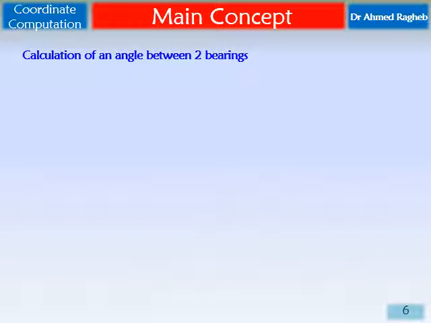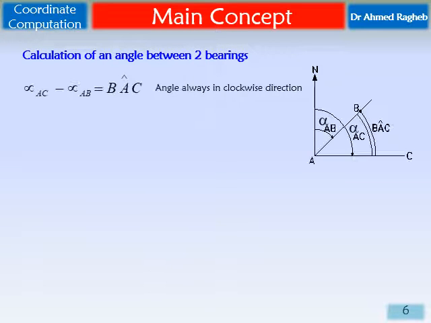Moving forward to how to calculate the angle between any two bearings. For example, if we have a line AB and a line AC, and we want to get the angle between these two lines. I'm assuming that this is the north direction. The angle from the north direction to the line is alpha AB, and the angle from the north direction to the other line is alpha AC.